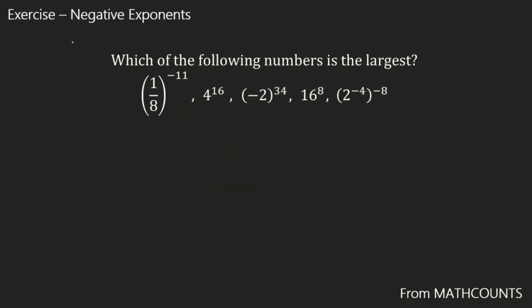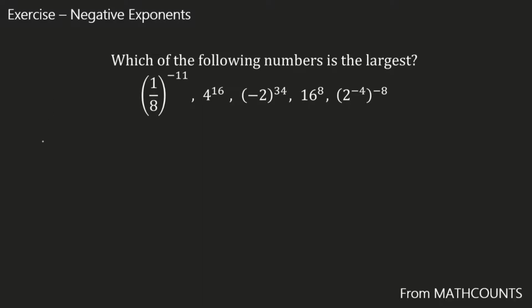In this next set of exercises, we're going to be looking at negative exponents. Let's take a look at the first one. Which of the following numbers is the largest? So here we have 5 exponents. And if you look at their base, they're all related to 2. So as a first step, we're going to convert each exponent into a two-based exponent.